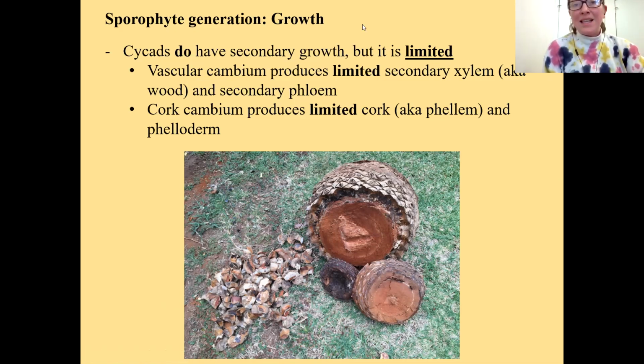So secondary growth and primary growth both occur in the stems. But for today, I'm just trying to get you comfortable with the idea that there are different types of growth, primary and secondary growth, and that all plants do primary growth, only some plants do secondary growth.